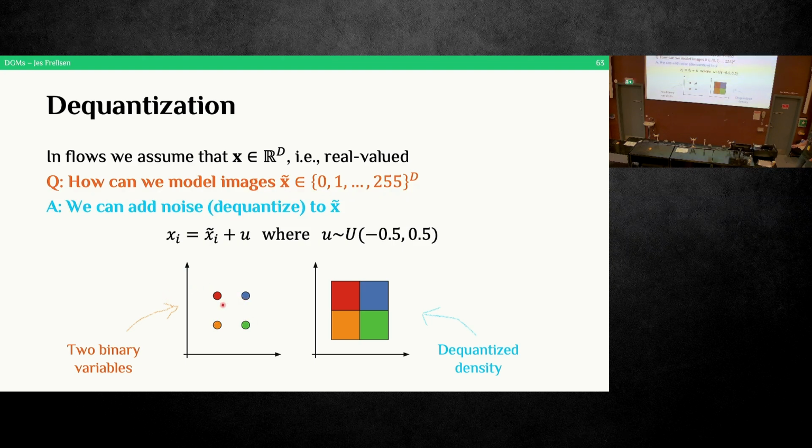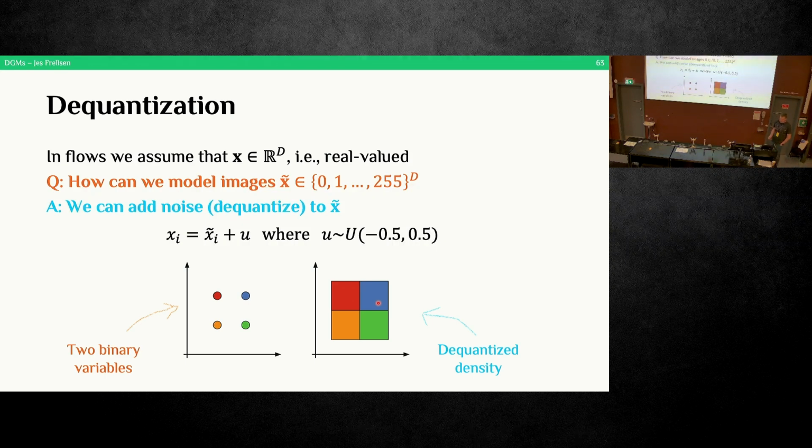Then I can add a little noise to these. In fact, I can add enough uniform noise so they actually become a density like this. This strategy is called dequantization, and that's also what they apply in real NVP. So they dequantize the pixels, so they actually become a density rather than a discrete distribution.